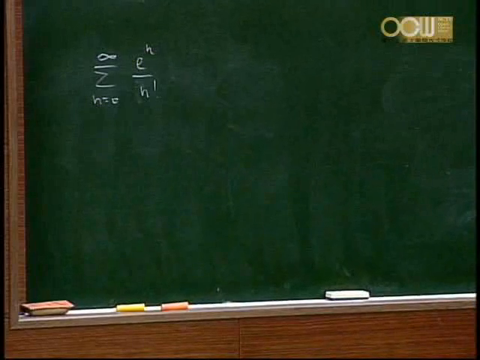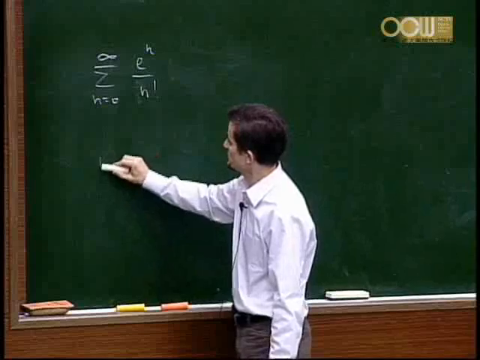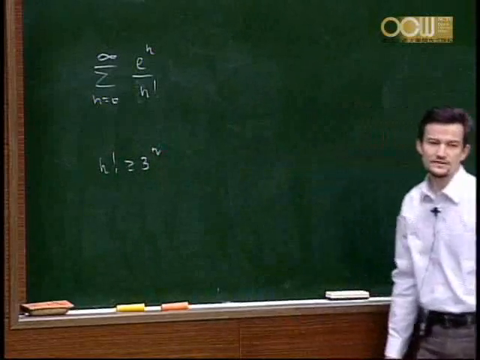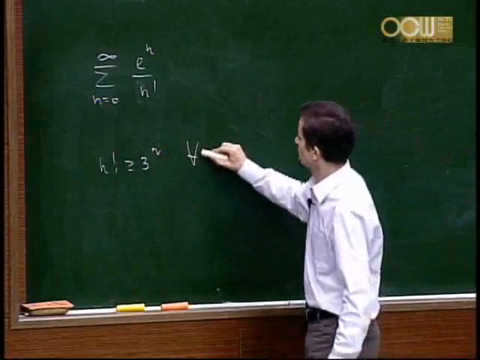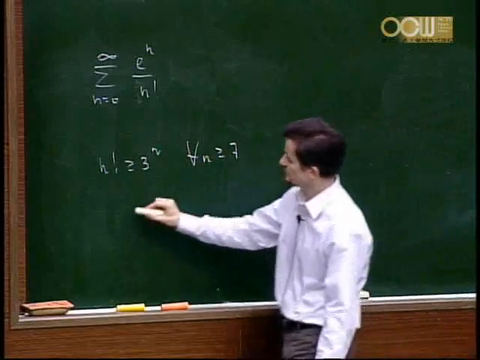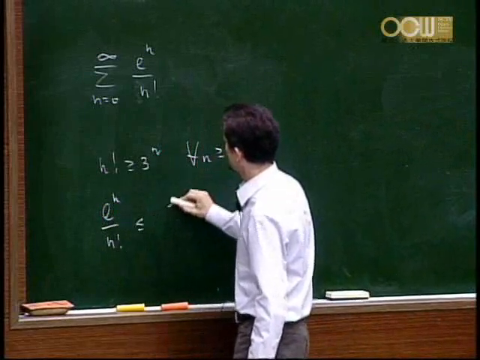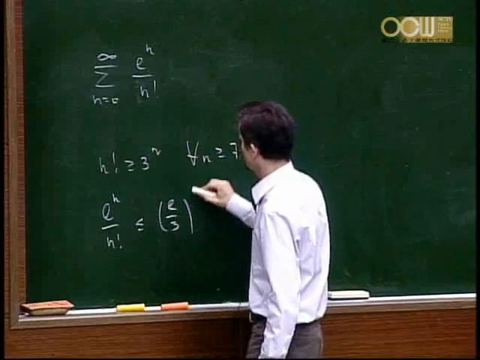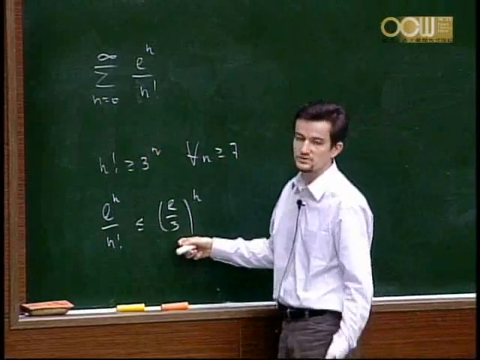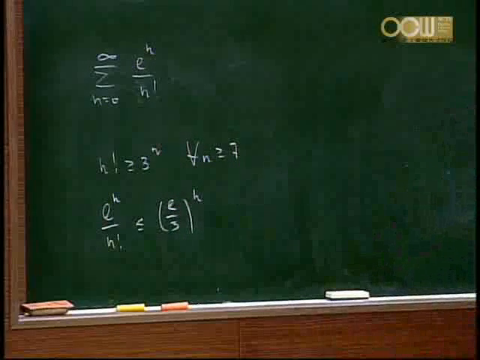Just to remind you, the way we proved this, we established that this inequality holds for all n larger or equal than 7. This then means that e to the n over n factorial will be smaller or equal than e over 3 to the n. But this is smaller than 1, and because this is a geometric series which is convergent, this series will be convergent as well. So this was the idea we used last time.